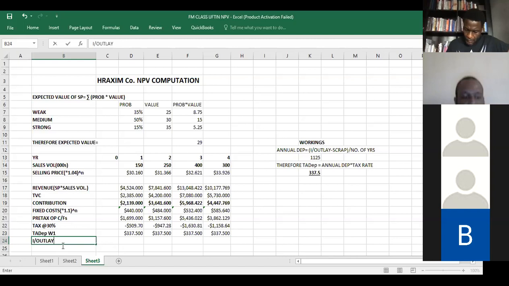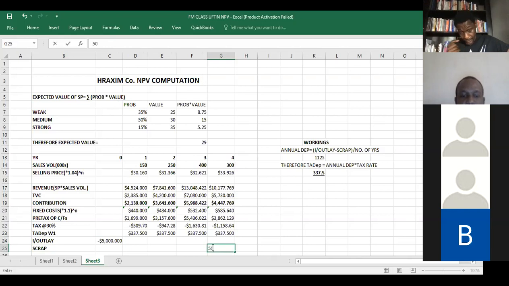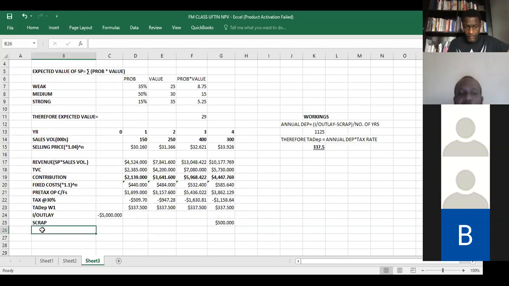All right. So we have our initial outlay and scrap. Initial outlay minus 5,000, and then our scrap in the final year is plus 500. With that, we're all but done. After the scrap now, we can get our free cash flows.